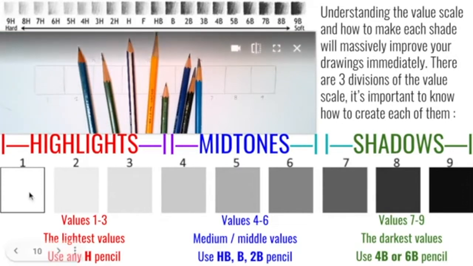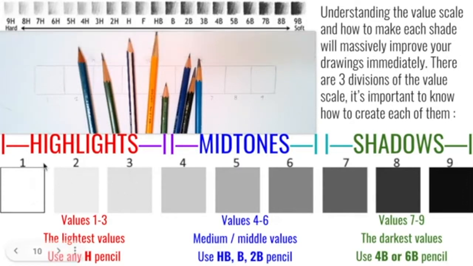The first one would be your highlights, which are your very lightest values. When you think about an image, anything that is white or very close to white would be your highlight. On the flip side of that, you have your shadows. Exactly what it sounds like.